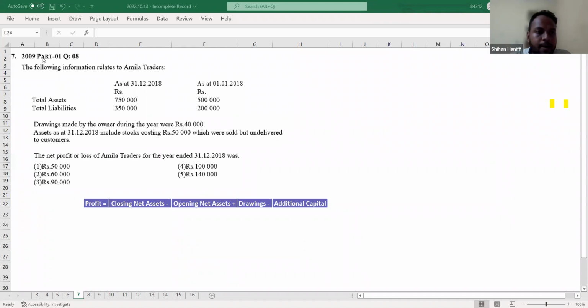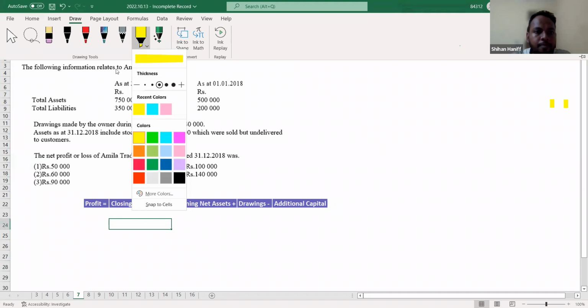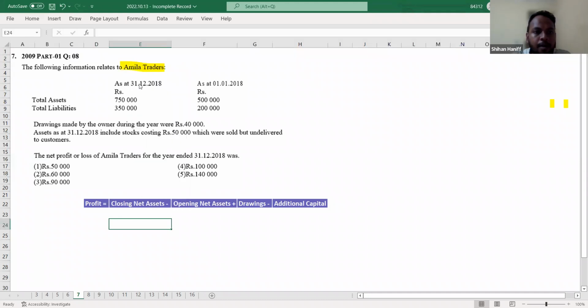Right. The following information relates to Amila Traders. 31st December 18, 1st of January 18. So this is opening. This is closing. Assets, liabilities, drawings made by the owner during the year 40,000. Assets as at 31st December include stock costing 50,000 which was sold but undelivered to customers.